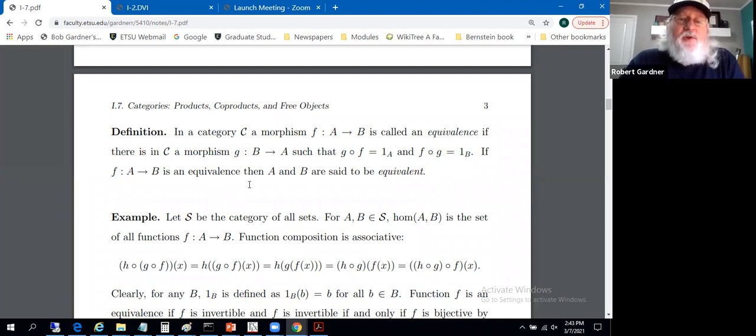So if f is an equivalence, then A and B are said to be equivalent objects. Okay, so this looks for all the world like a composition of functions that give the identity function. It's not, it's a composition of morphisms that gives these particular morphisms.